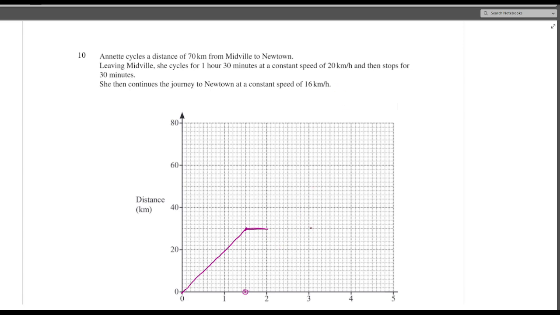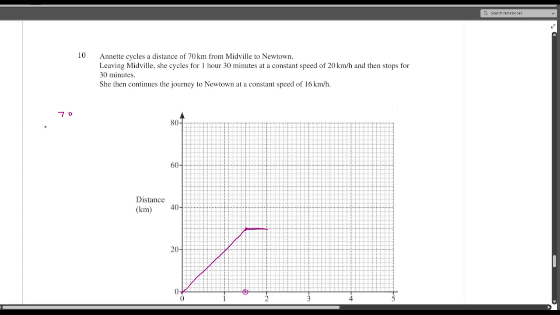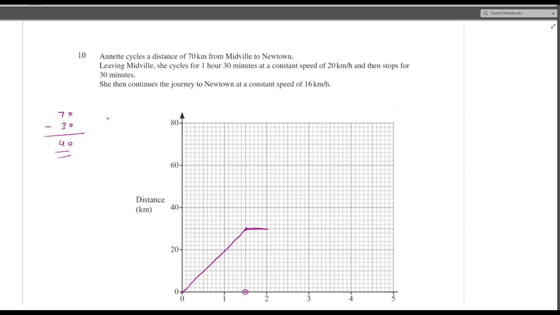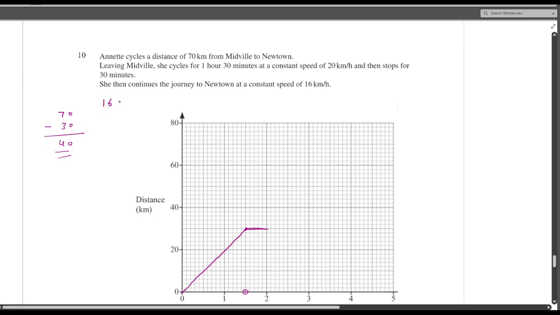So in 1 hour, you are covering a distance of 16 km. Now, the total distance is 70 km. So from 70 km, if I already covered 30 km, the remaining journey is 40 km. Now to cover 40 km, how much time do I need? So 16 km, for that you are taking 1 hour.